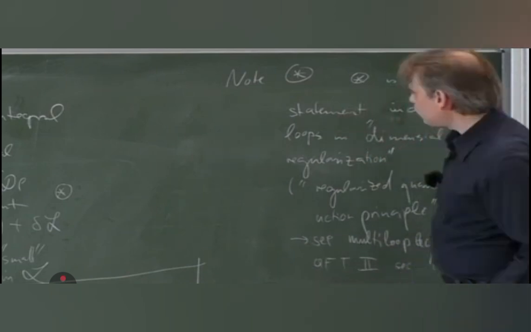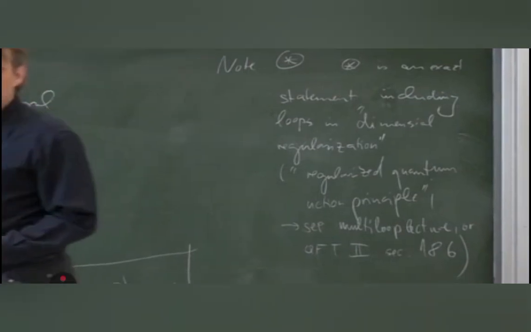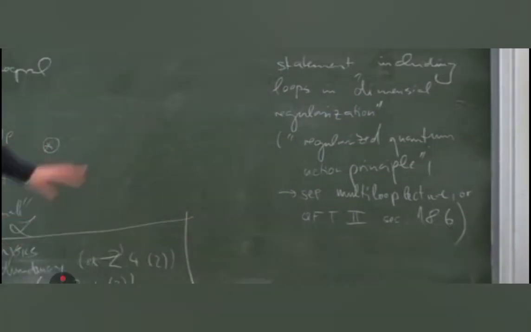So there we made exactly this statement and proved it explicitly. So it's an all-order statement valid in a specific scheme, namely the dimensional regularization scheme, which we will mostly use. And therefore, this part is not a sketch, it is exactly true, and so we can use that to establish the validity of these field equivalences.